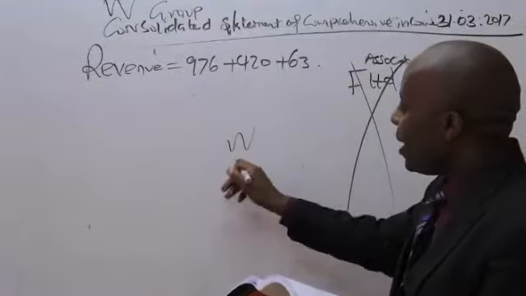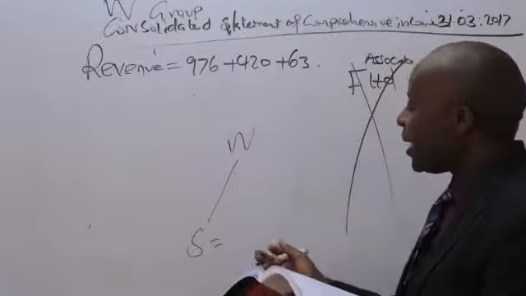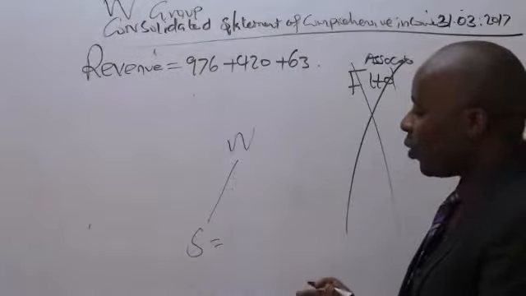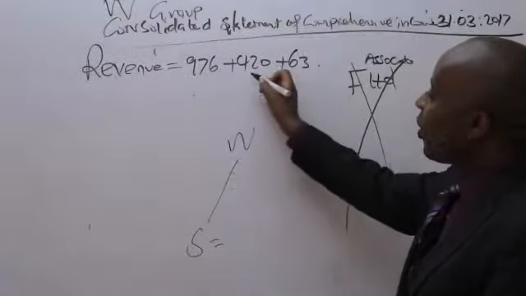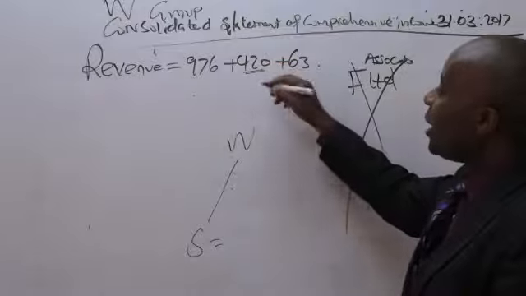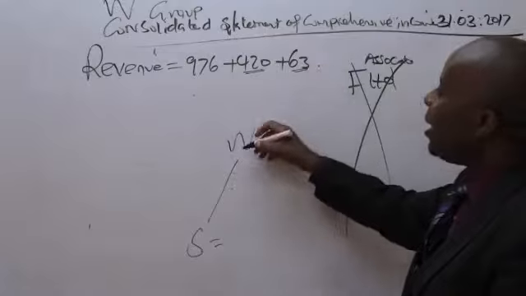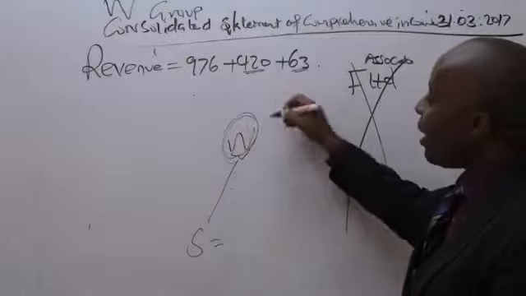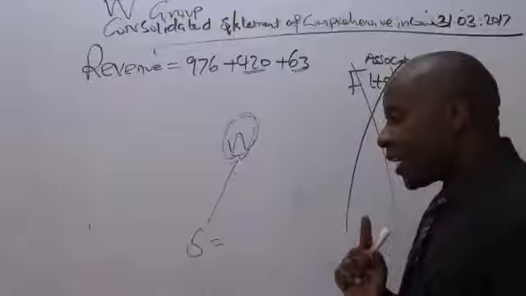This W Limited acquired S Limited 1 year ago, and that is why we are not doing time proration of the figures of S. And it acquired F Limited at its incorporation date, so it has been with F Limited for more than 1 year.